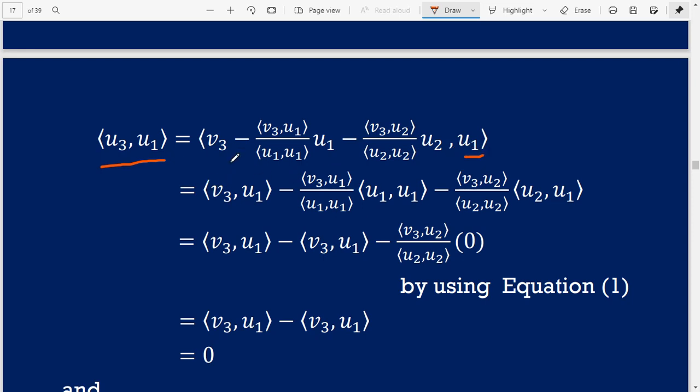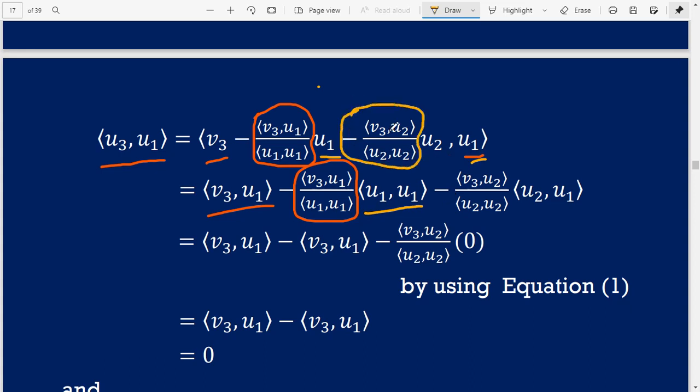So inner product V3 with U1 minus this term into inner product U1 with U1, minus this term into inner product U2 with U1.